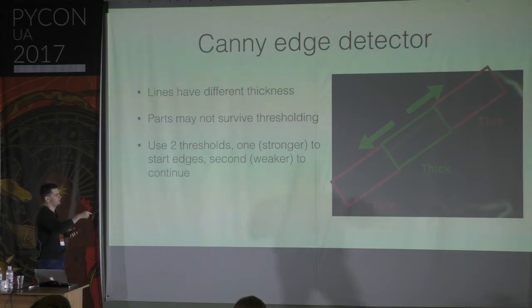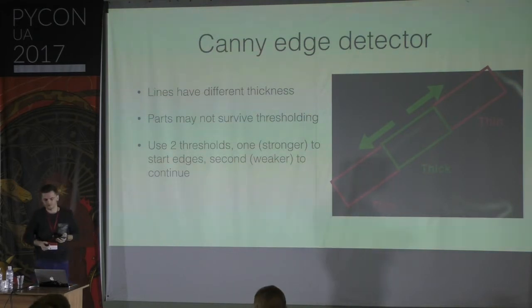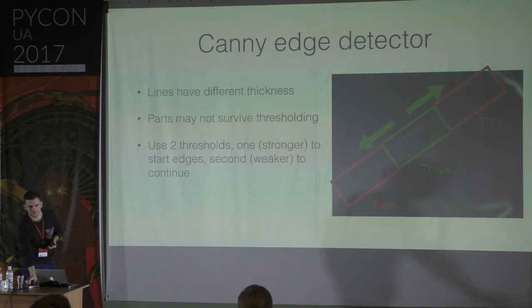But then we look at the original image, and we try to filter it with the weaker threshold, and we try to continue the strong parts into the weak parts. If this part were isolated somewhere, it would be lost. But since it's a part of a strong edge, it will be preserved, and we will have this whole edge together. So this is an improvement on regular thresholding.